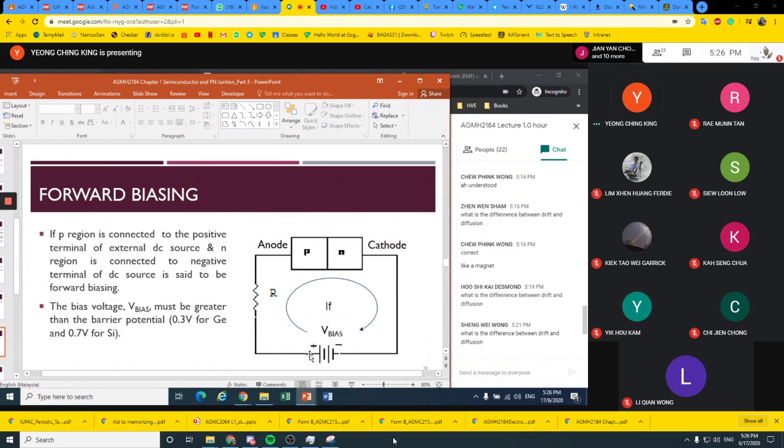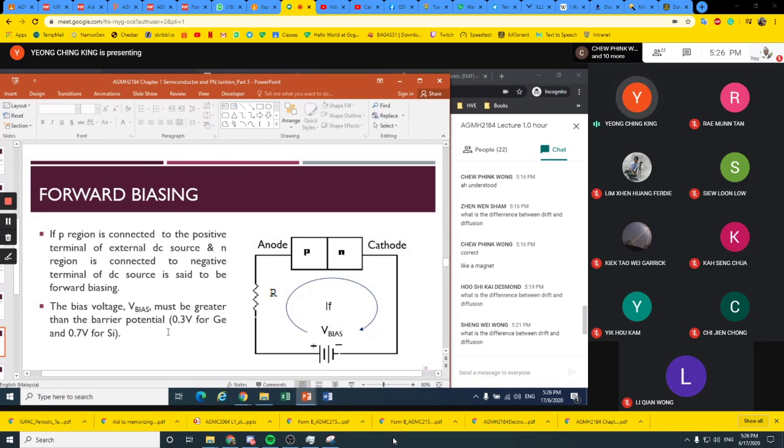And then we always have a resistor connected in the circuit to limit the current so that it won't damage the diode. Then the bias voltage must be greater than the barrier voltage. As I mentioned before, for germanium diode it is 0.3 volt, and for silicon diode it is 0.7 volt. Or sometimes in some reference books, they will give you a range.